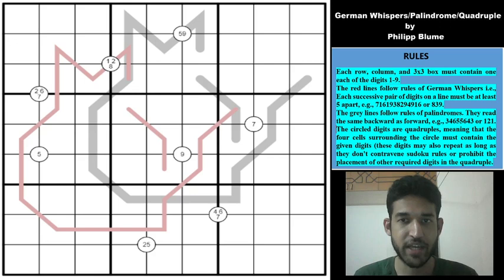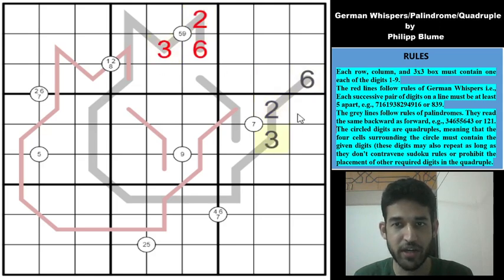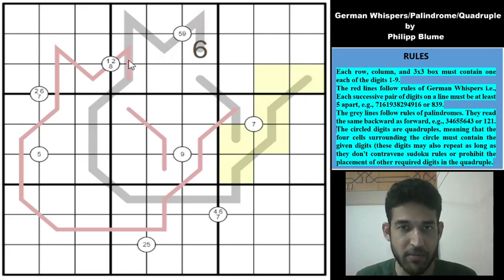That is, it reads the same from both directions. So for example, if you have a 6 here, then the other end of the palindrome line will also be a 6, and the trend continues. So if this is a 2, this is a 2, this is a 3, this is a 3, and it keeps on continuing. It reads the same from both directions.